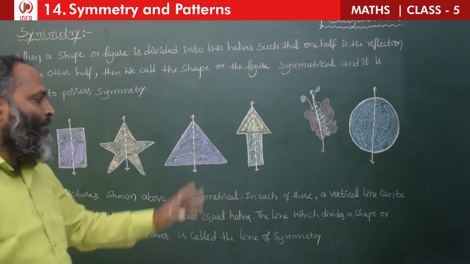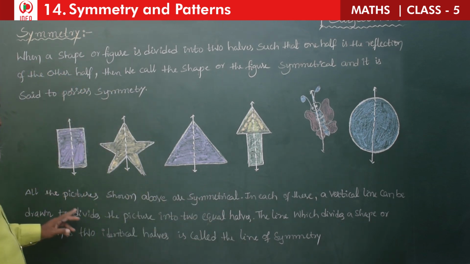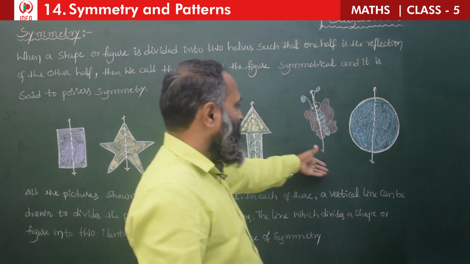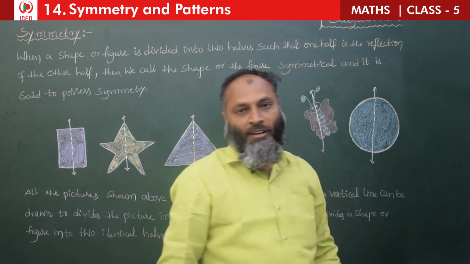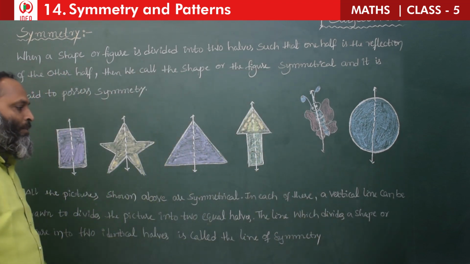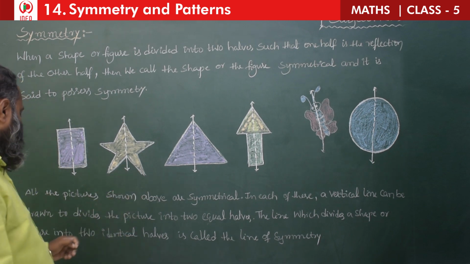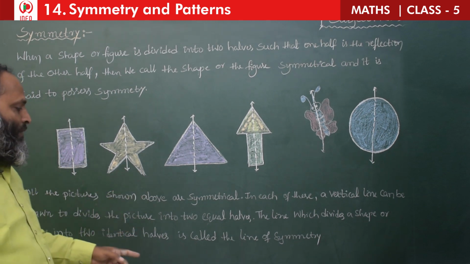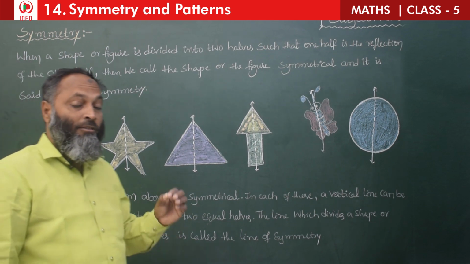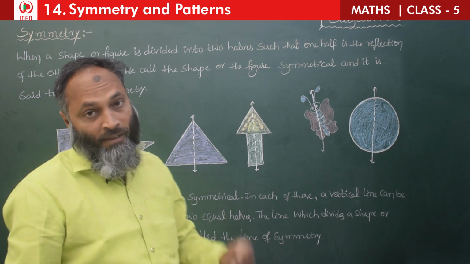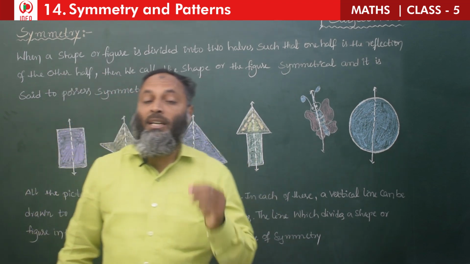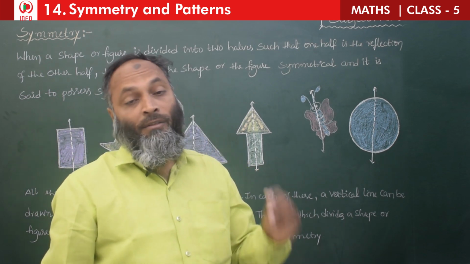Each of these vertical lines can be drawn to divide the picture into two equal halves. In all these cases a vertical line divides the given pictures into two equal halves. The line which divides the shape or figure into two identical halves is called the line of symmetry.